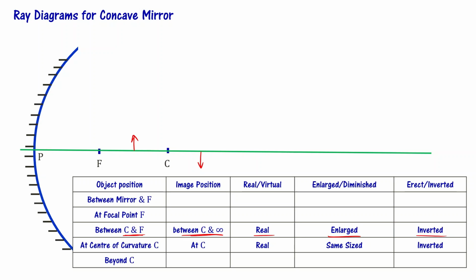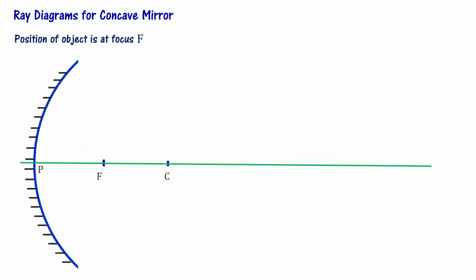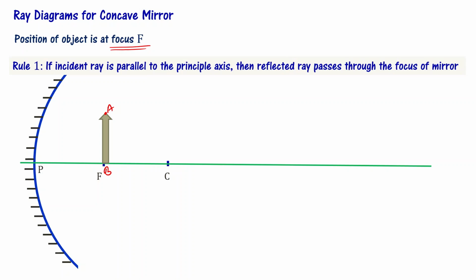and it is real, it is enlarged and inverted. Understood? Now let's look at another case where the position of object is at focus, meaning the object is at F itself, right? Now I want to see where the image is going to be. Let me call this also as AB. I have point A, right? Point A's image we are going to see first. For that I am going to draw two rays.